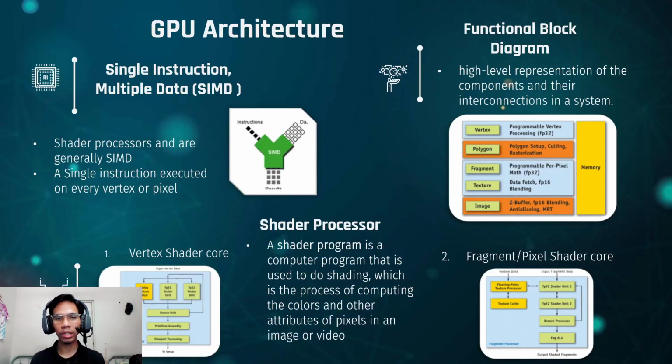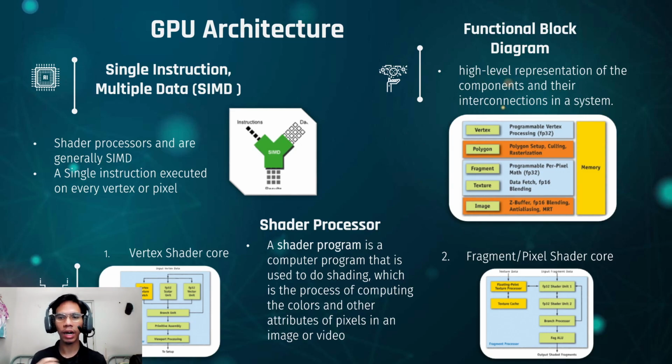After that, we see the GPU architecture. It consists of three architectures that have been learned. First is the single instruction multiple data (SIMD). SIMD is a single instruction that executes on every vertex or pixel. After that, we see the functional block diagram.